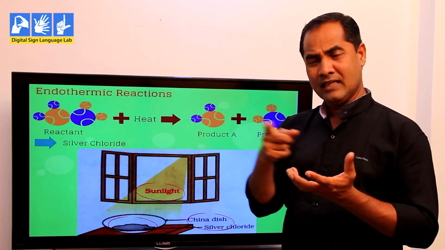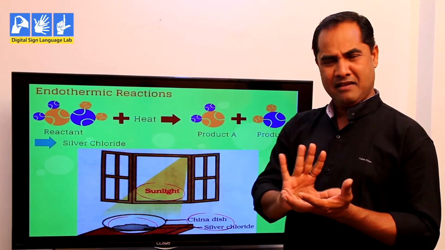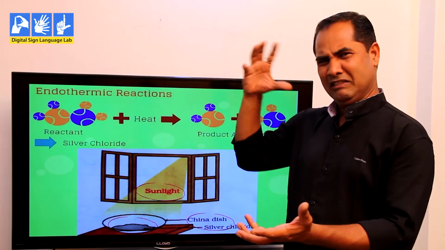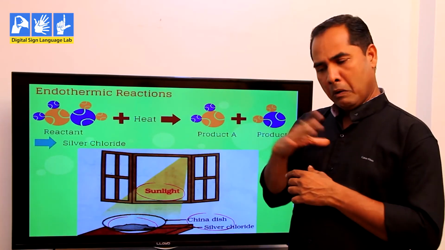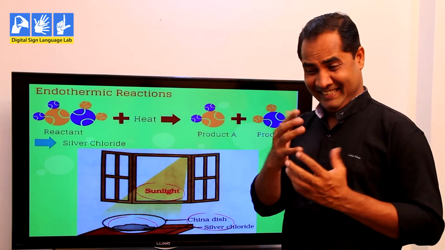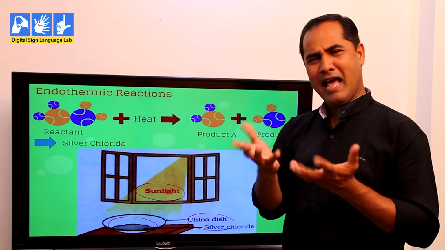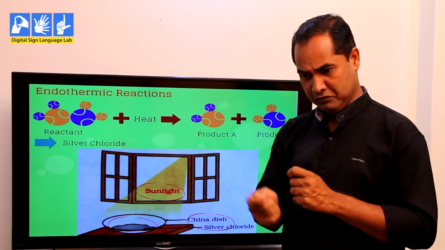So we take the china dish and we put some silver chloride on it and we put it out in the sun for some time. We'll observe a chemical reaction. The color would change.